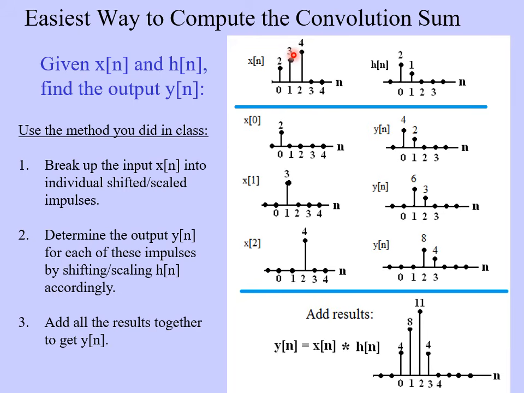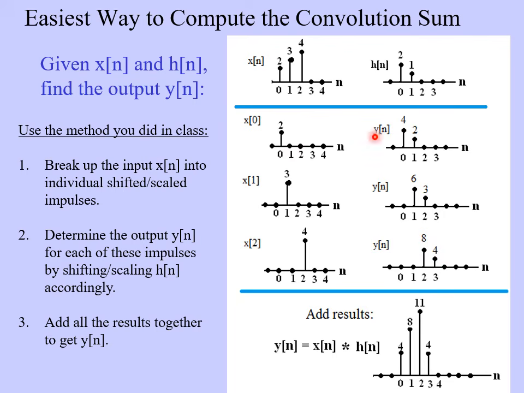The way you do it, remember, you take x of n and break it up into its individual pieces. And you find the output to each piece by simply scaling the impulse response by whatever the value is. So this value of 2 made the 2, 1 become a 4, 2. The 3 made 2, 1 become 6, 3, and the 4 made it become 8, 4.